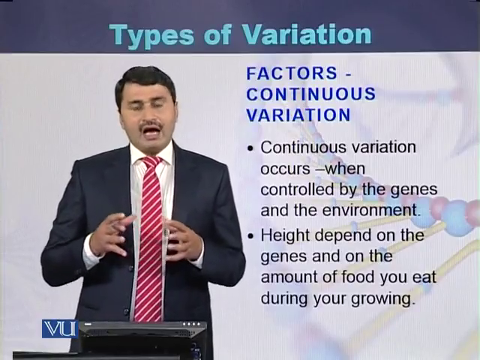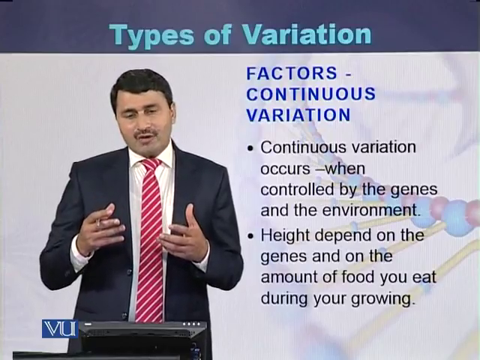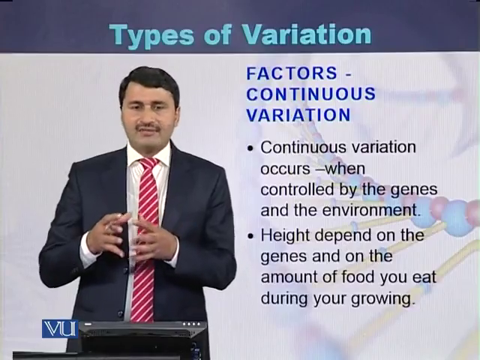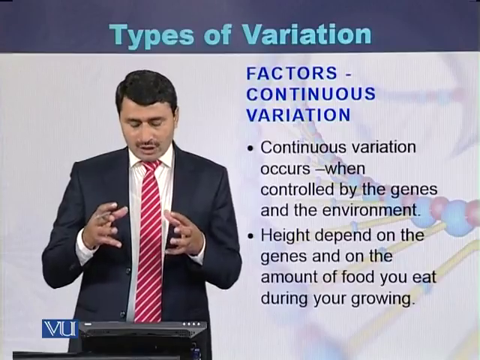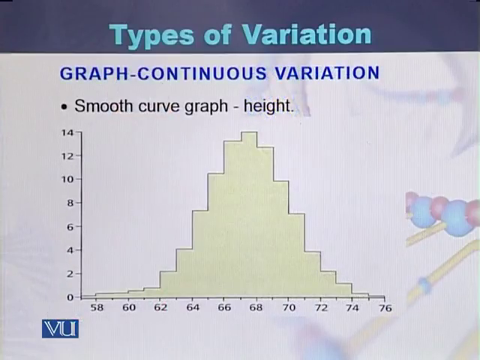Continuous variation occurs when this type of variation is controlled by genes as well as by the environment. So they jointly control continuous variation. The example is height.